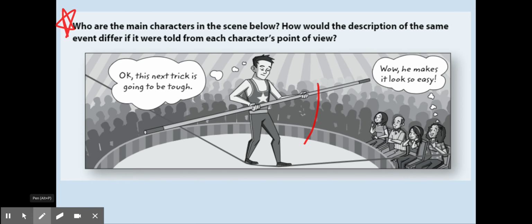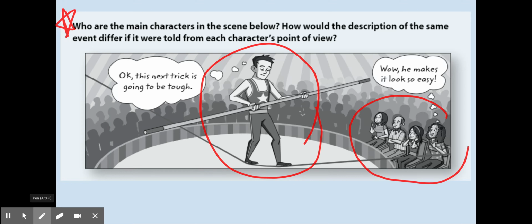Well, you've got our acrobat in the middle, and then we have our audience members on the side. Our acrobat has his thought bubble. He's thinking to himself, oh, this next trick is going to be tough. And then you've got our audience over the side in their thought bubble: wow, he makes it look so easy.